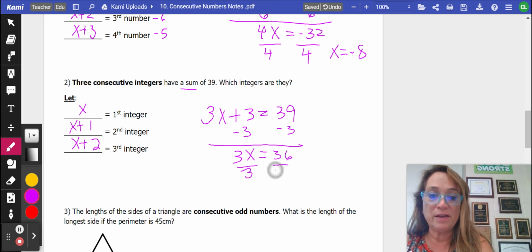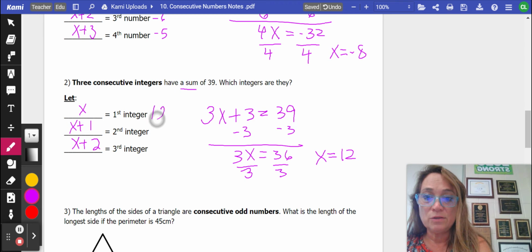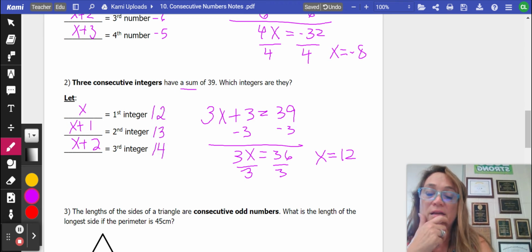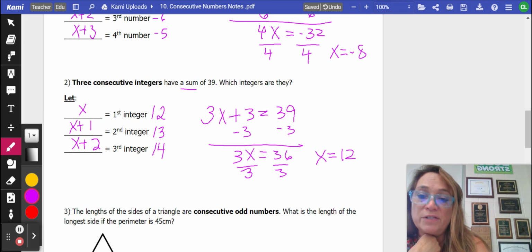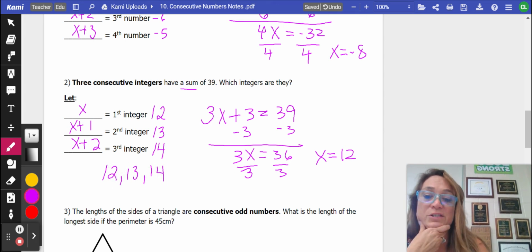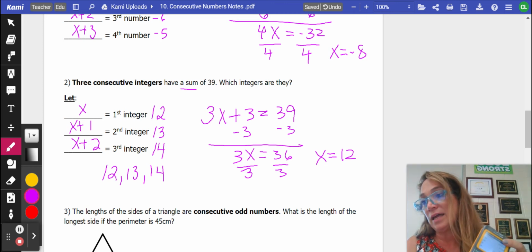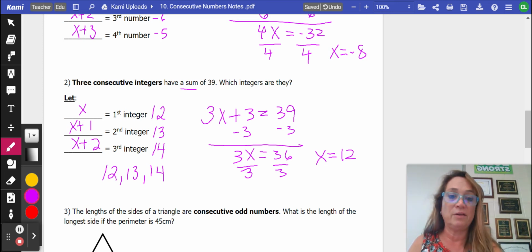Divide by 3, and you get x equals 12. So that's going to be the first one. So you have 12, 13, and 14. Those are your 3 integers. And you can double check it with your calculator.